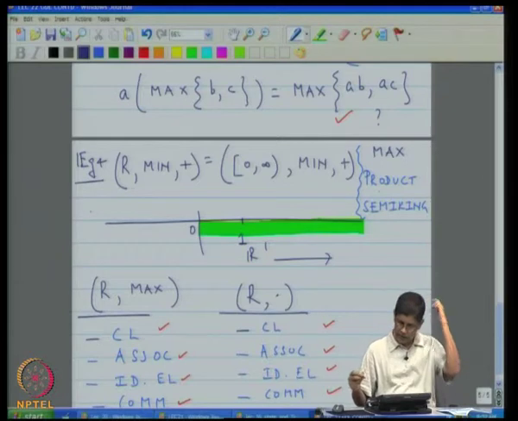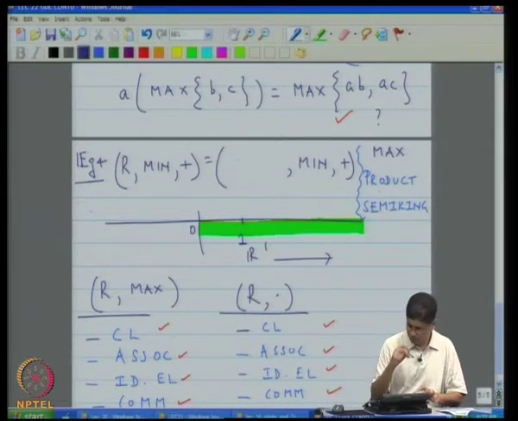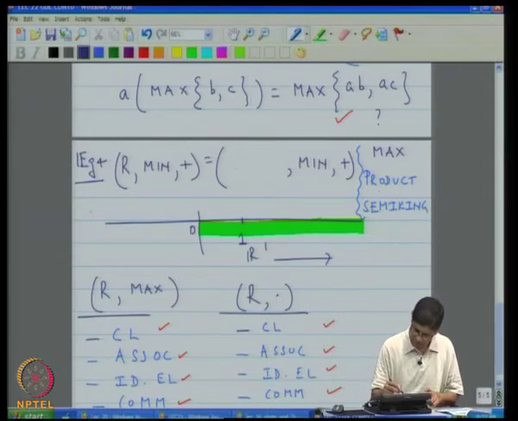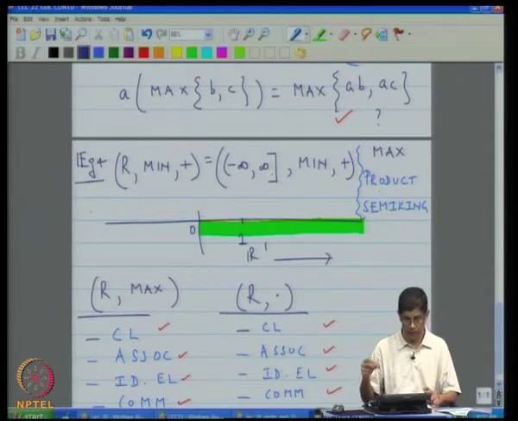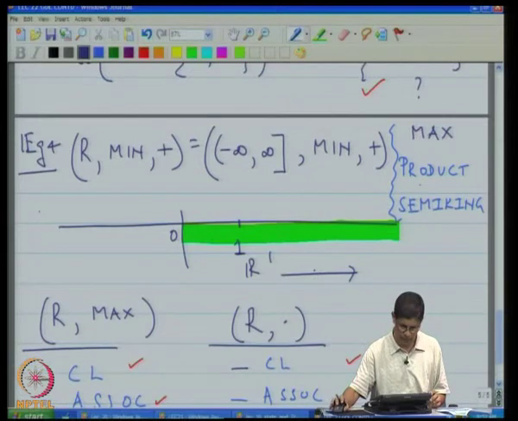So, R is now, and also there is a change in the very definition of R itself. R is now the interval between minus infinity and plus infinity, but including plus infinity. Okay.